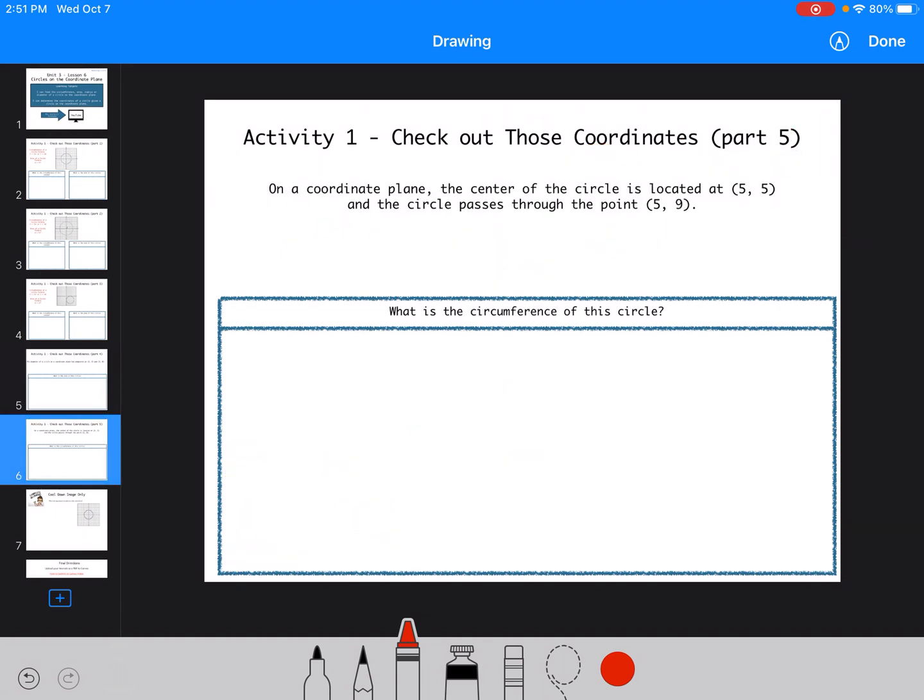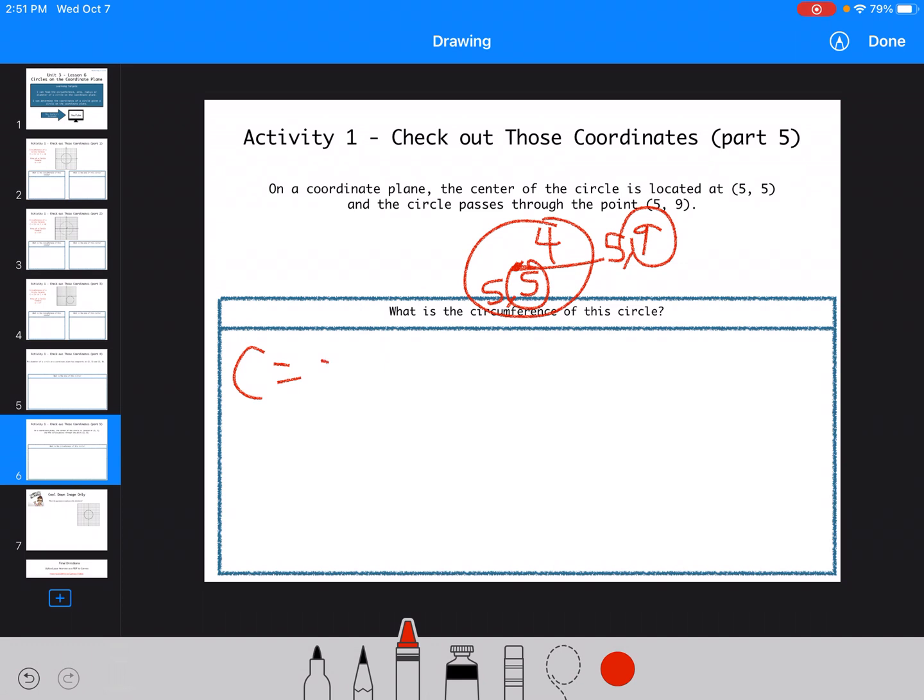So the last one says the center of the circle is located at (5, 5). So the center of the circle, that's important to keep in mind, is located at (5, 5). And then it goes out to (5, 9). So that's talking about the radius. So from 5 to 9, we have 4 units. So I want to find the circumference. We've already done this one two other times.